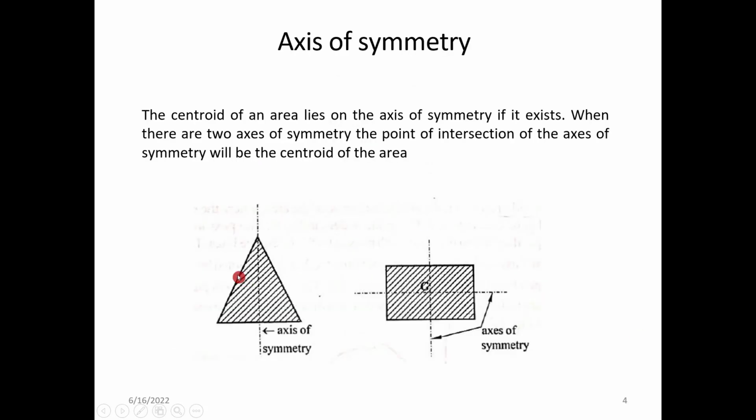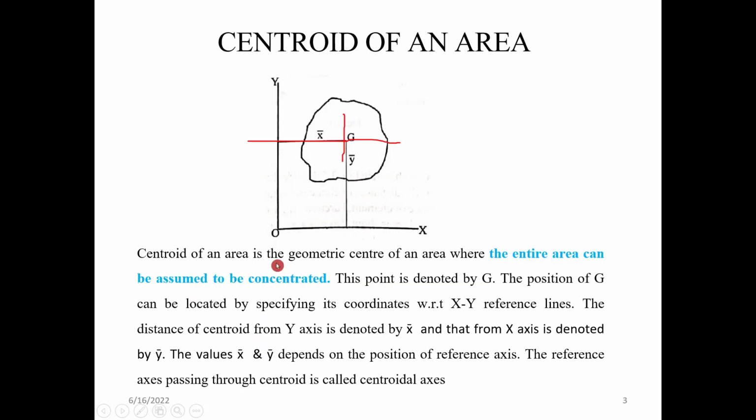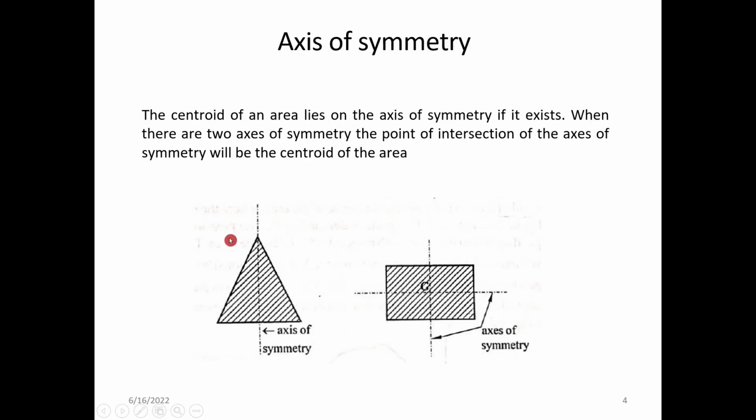When you consider this isosceles triangle, you can see that it has an axis of symmetry with respect to the vertical. That means our y bar will be in the line of the axis, and the x bar has to be found out because it is not symmetrical in both directions.